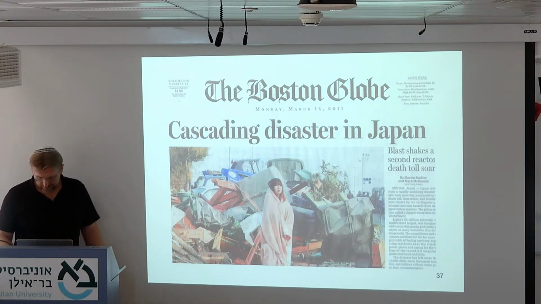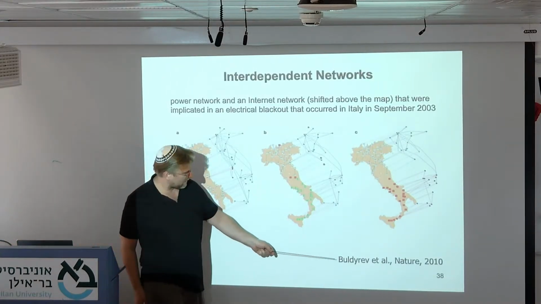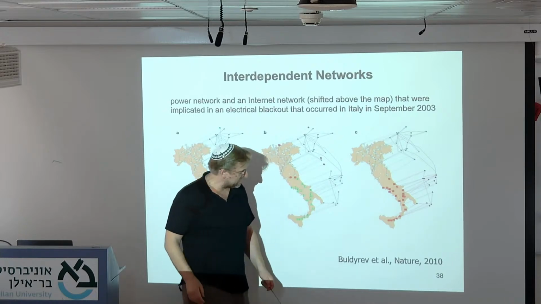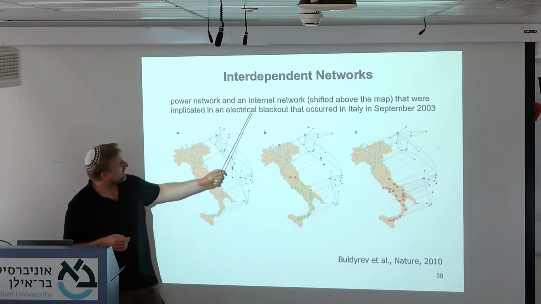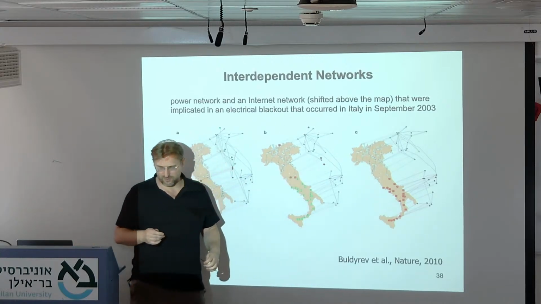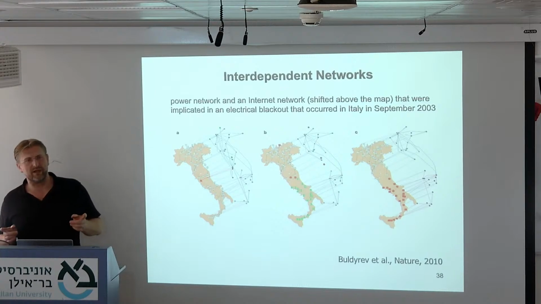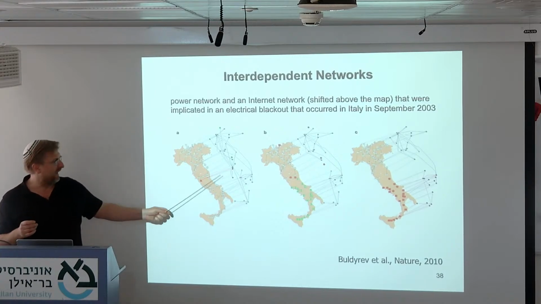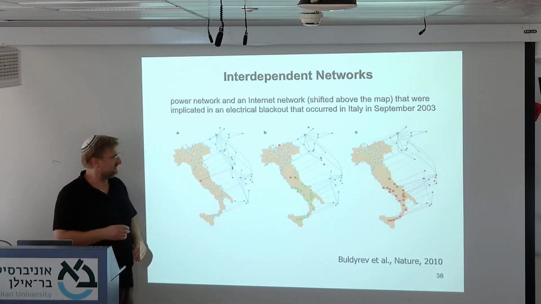And really, the paper that they started to describe this phenomenon was motivated by the electrical blackout in Italy in September 2003. We had recently a big blackout in Spain and Portugal, right? But they haven't finished the analysis yet, though I assume it was some similar mechanism.